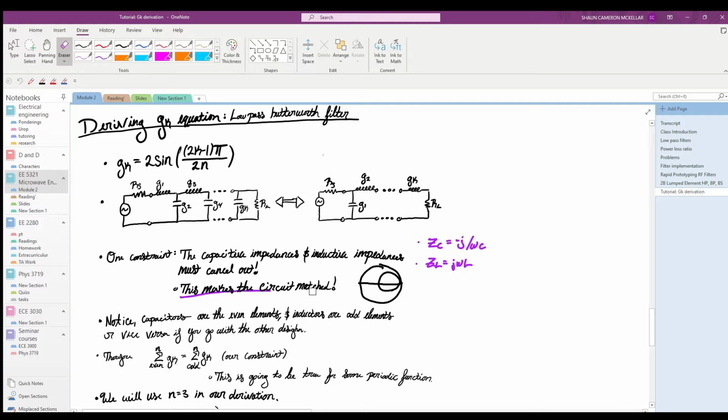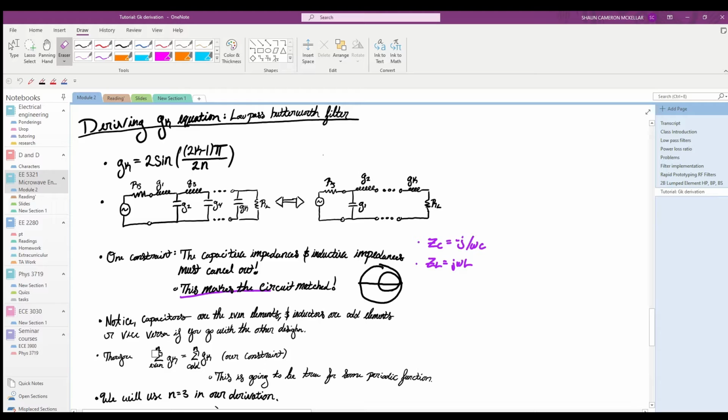Alright, so how can we write this formally? Well, if you notice that if we go with the configuration on the left, all the even components are capacitors, and all the odd components are inductors. If you go with the other design, it's exactly the opposite that's true.